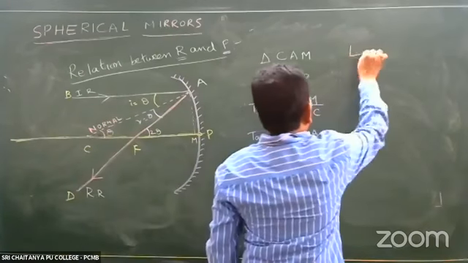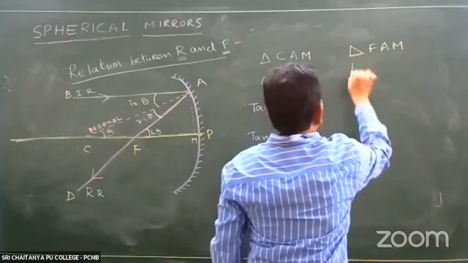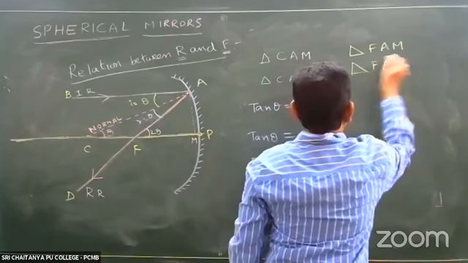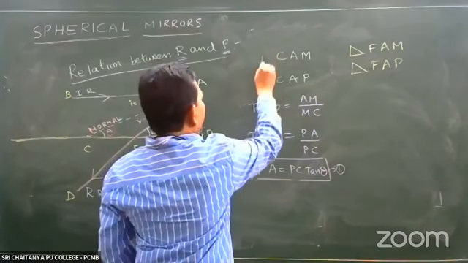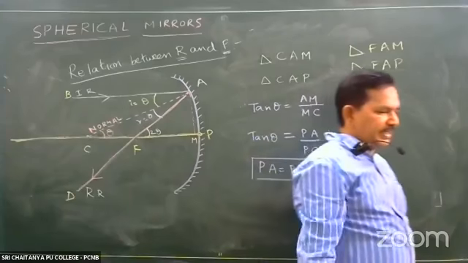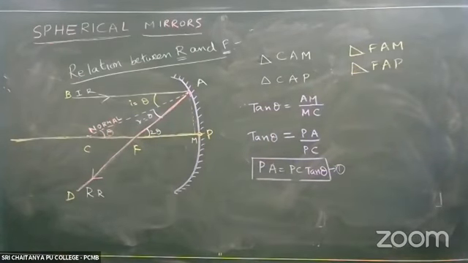So FAM equals FAP, because M coincides with P for small angles in case of mirrors.